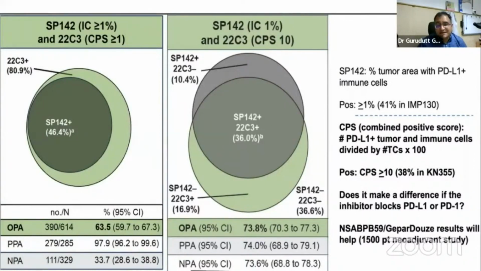So taking it for CPS is a bad idea. SP263 is better if you want to use it for CPS, though it will score higher. But 22C3, or an LDT done on the Ventana Benchmark Ultra, gives quite good concordant results. That is our experience.